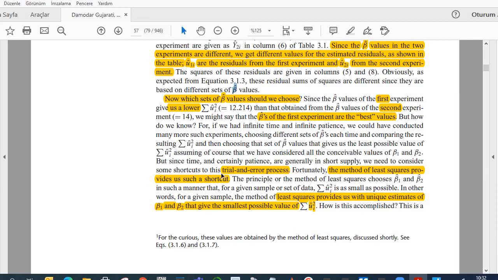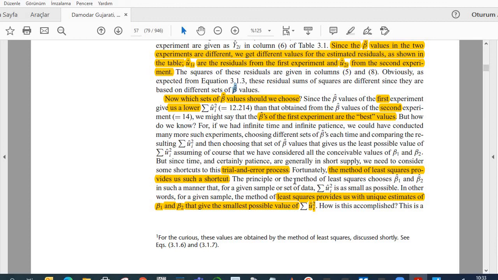Fortunately, the method of least squares provides us such a shortcut. In order to use a trial and error process, we have to use lots of different beta 1 and beta 2 values. In order not to use this time-consuming approach, we use a better, shortcut methodology. The name of this methodology is the method of least squares.